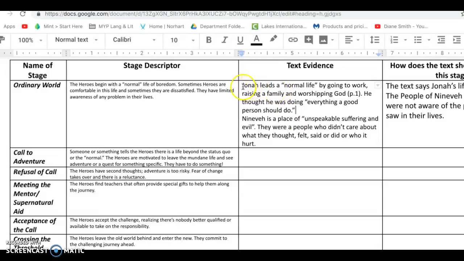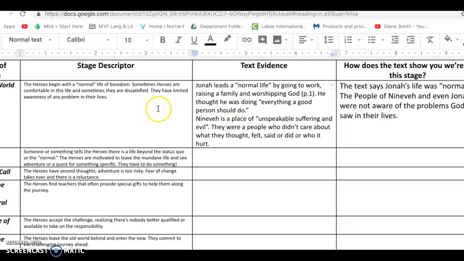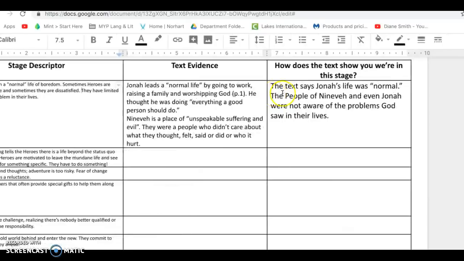Now, having my text, I need to connect the stage with the text. How do I know that this is where I am in this part of the story? How does the text show you where you are in the stage? So I said the text says Jonah's life was normal.